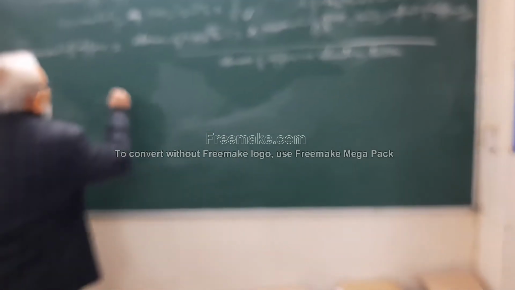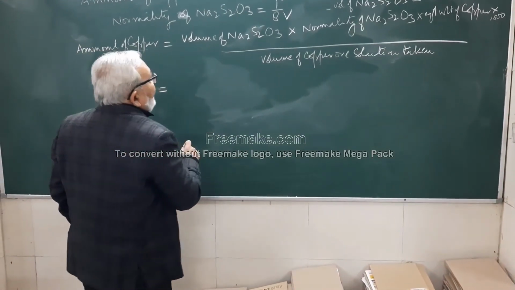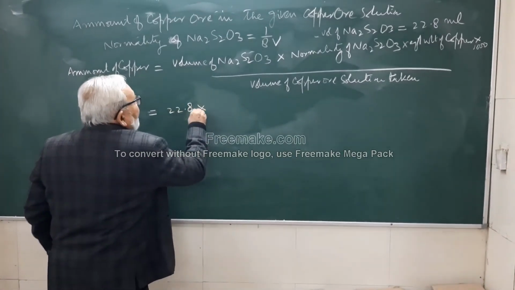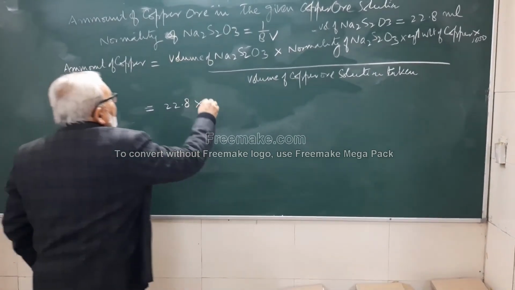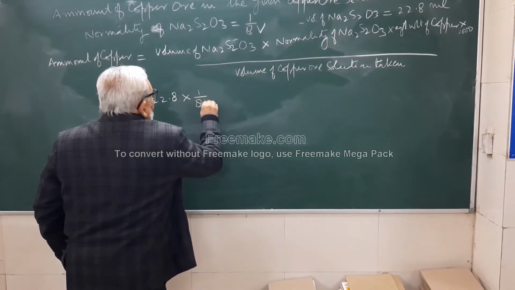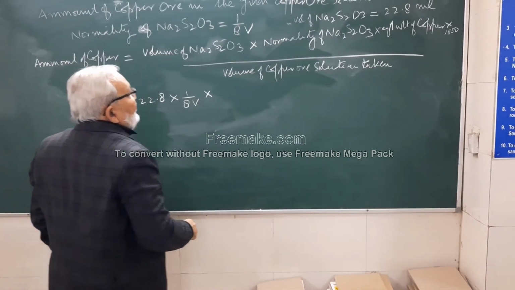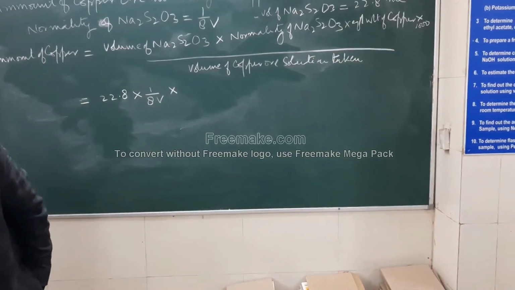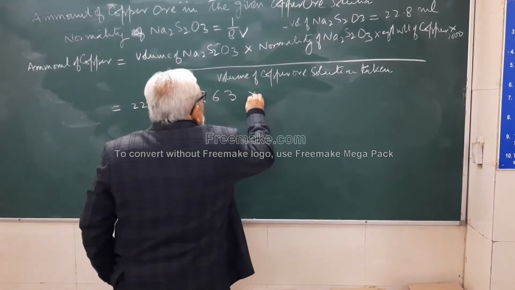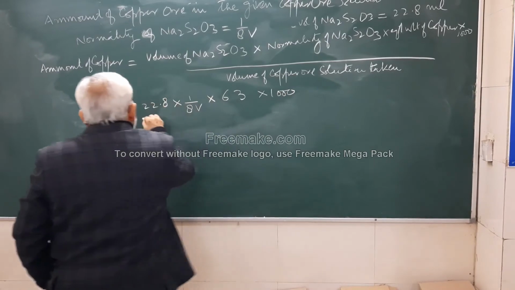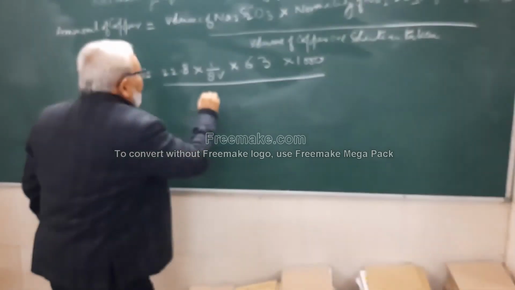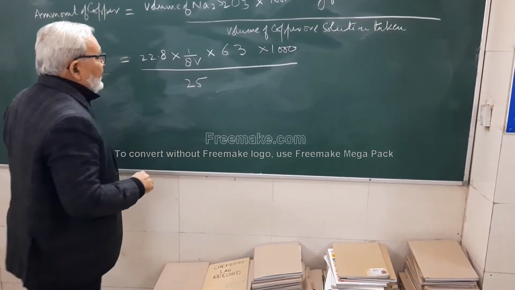So now let us do the calculation. Volume of Na2S2O3, as mentioned, 22.8 multiplied by the normality, which is 1 upon 8V, multiplied by equivalent weight of copper, which is 63, multiplied by 1000 divided by volume of copper ore solution taken, which is 25.